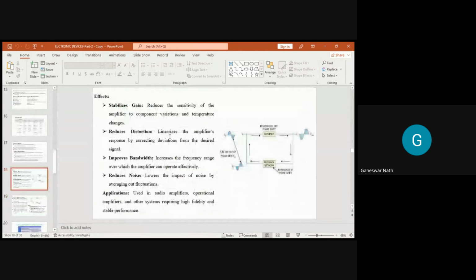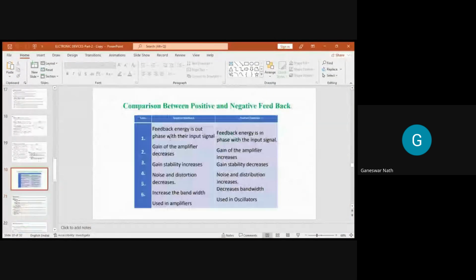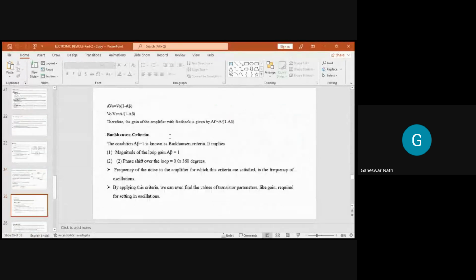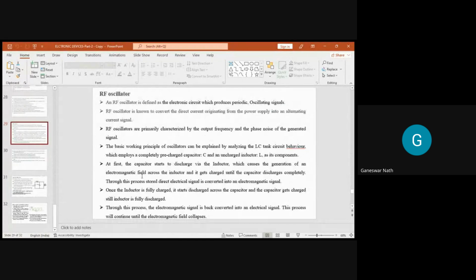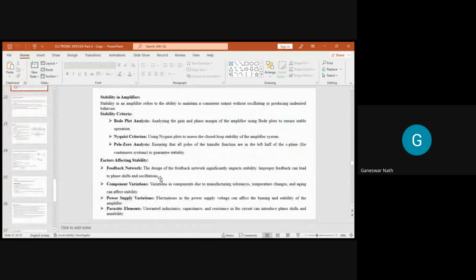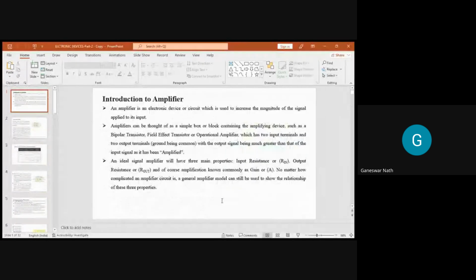Okay, and finally you can go to the different feedback circuits and their comparison, bandwidth and all details, we can complete in this discussion. Okay, so let me first go to the amplifier.